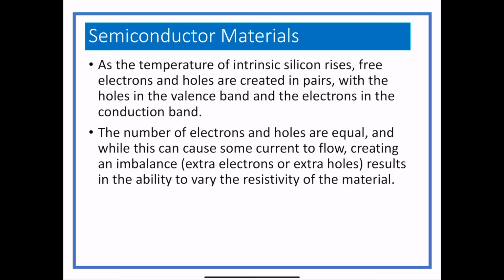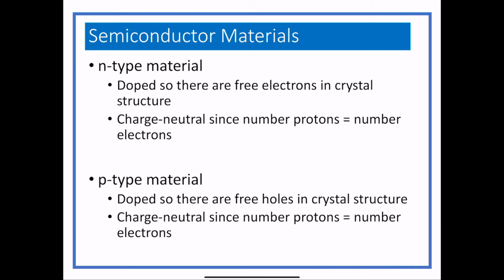So there are 2 kinds of semiconductor materials that you get when you add impurities. You either get N-type material, and that's when you add something that makes more electrons available, and it's still not a charged thing, because when you add your impurities, the impurities still have the same number of protons and electrons in each atom.